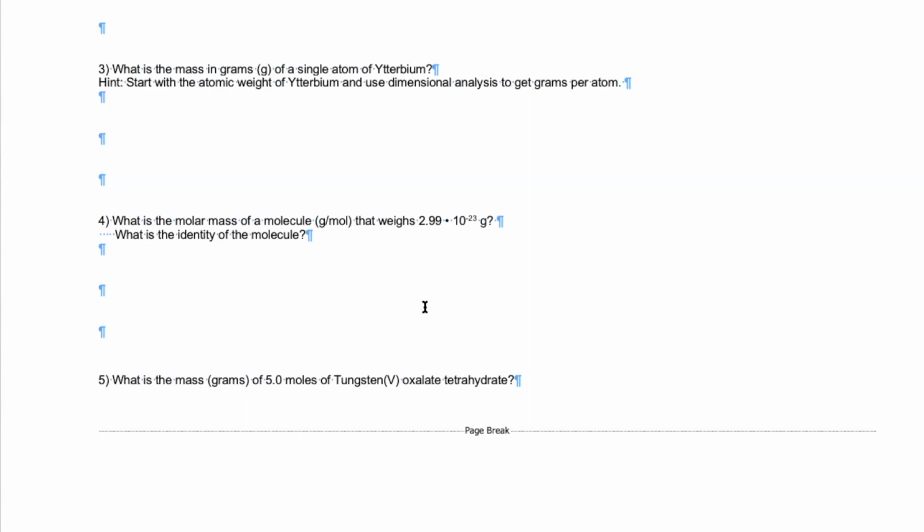This one right here: what is the molar mass of a molecule that weighs 2.99 times 10 to the minus 23 grams? What is the identity of that molecule? Let me help you with that one, because that one's a little bit challenging.